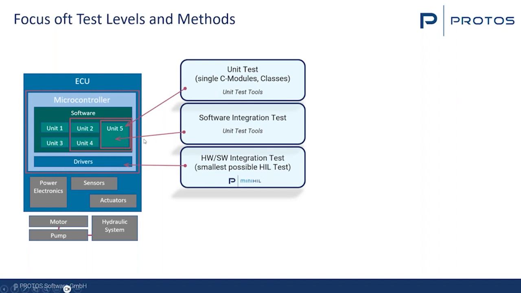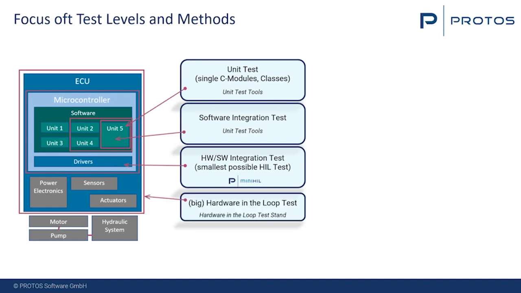You take the microcontroller as a black box, so the real microcontroller as it works in your application, including all the drivers and the complete software stack, maybe only the drivers if you want to test only the drivers, but usually the complete application. And at the pins of the microcontroller, you can run a black box test with the mini HIL. The next level would be the big hardware in the loop test.